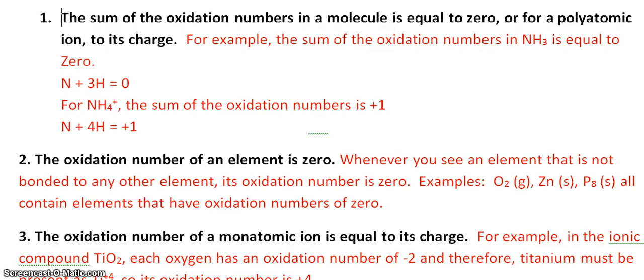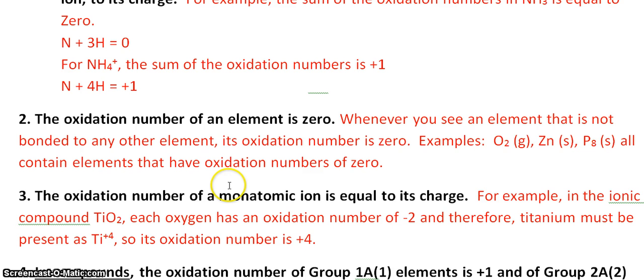And some of the nonmetals are found as clumpy molecules, for lack of a better term, such as P8 or S4. But still, the phosphoruses or sulfurs are all bonded to other phosphoruses or sulfurs, and so we assign an oxidation number of 0 to all of them.